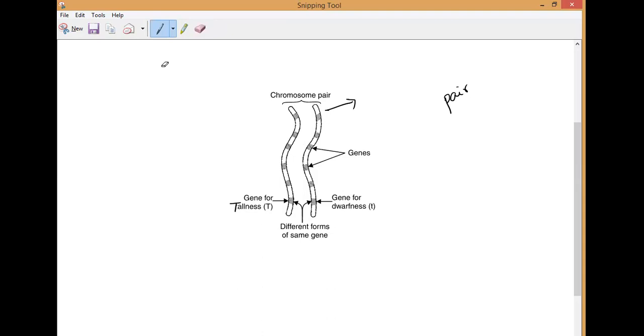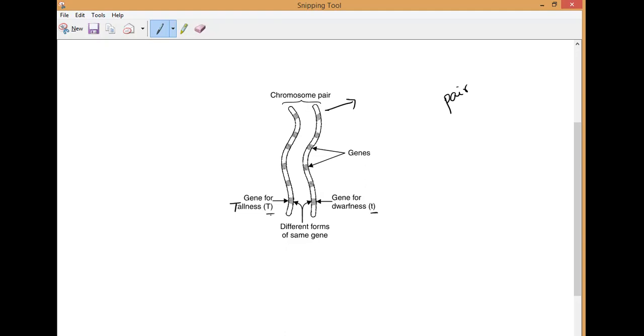Understand? So here we have two genes for the same characteristic. Here we are talking about tallness for the plant, and this is the gene responsible for dwarfness, that is small t. The same characteristic is the length of the plant stem.